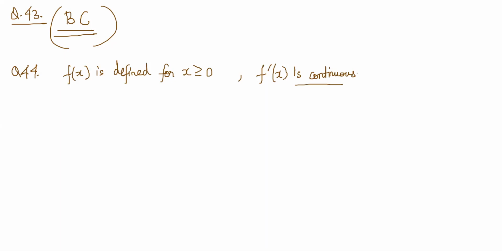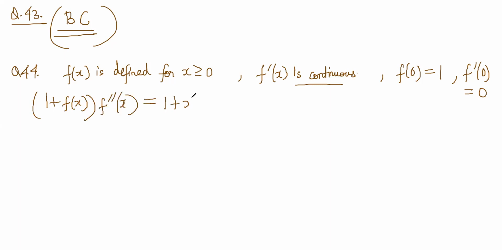It satisfies f of 0 is 1, f dash 0 is 0, and (1 plus f(x)) multiplied by f double dash x is equal to 1 plus x. Then the values f(1) cannot take is R.